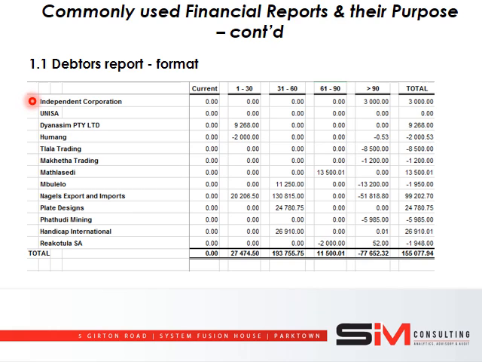In this case you have Independent Corporation, UNISA, Unanism, Human, Tlala Trading, Maketa Trading, Matlasedi Trading, Mbulelo Trading, Nagel's Export and Imports, Plate Designs, Patudi Mining, Handicap International, and Riakotula SA. All of them are names of companies, and the report all the time has to show the names of the companies that owe your company money.